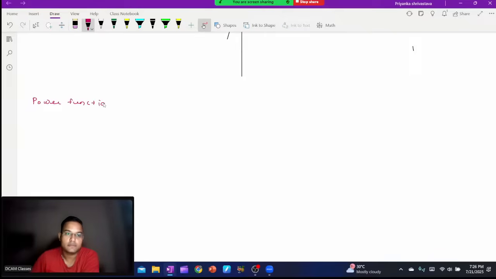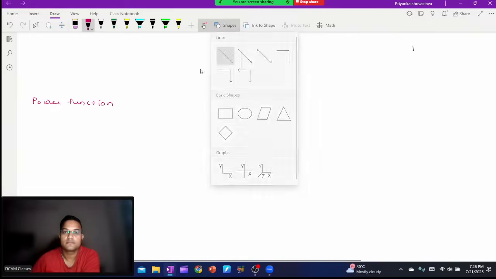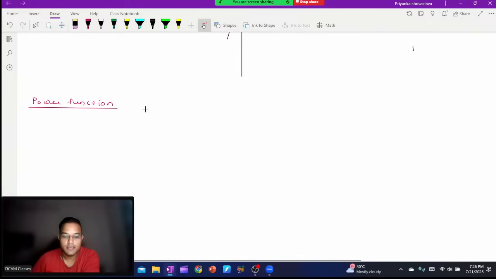Power function. See, the power function is y is equal to f of x is equal to x power n. N can be anything. I'll take different cases, and for different cases you will have to tell me how the graph will be. Suppose n is even. If n is even, you understand it is 2, 4, 6, 8, like this.